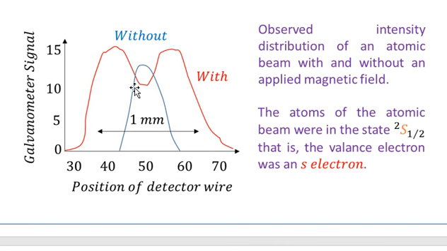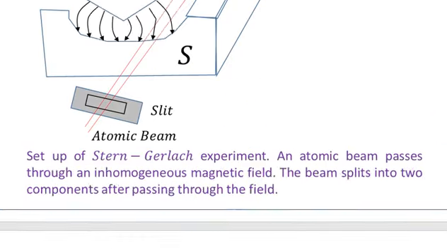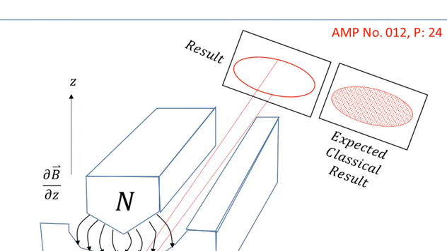This signal in blue in the center indicates the signal in the absence of the field. So when the field is not present, of course you will measure a case like this one, which is called the expected result. That is, the beam is not deflected.